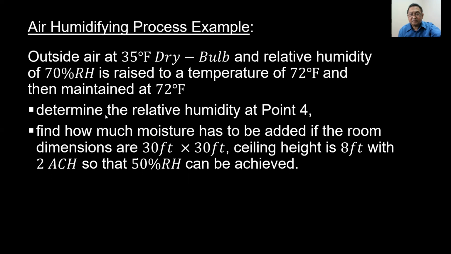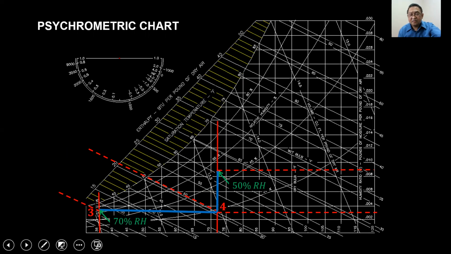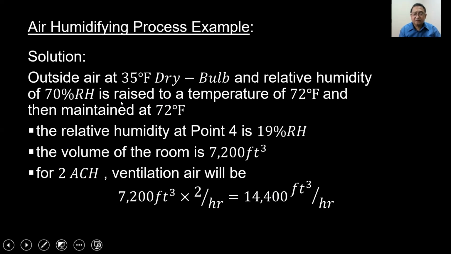So we have 7,200 cubic feet. For 2 air changes per hour, the ventilation air will be 7,200 cubic feet times 2 per hour. So we'll have 14,400 cubic feet per hour.